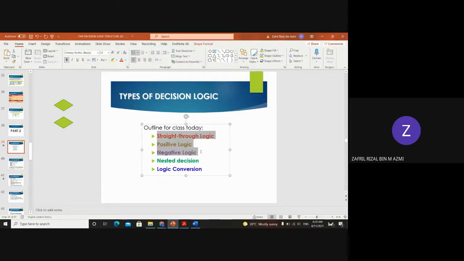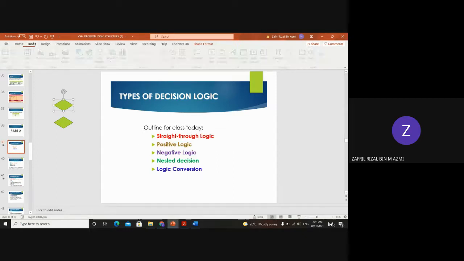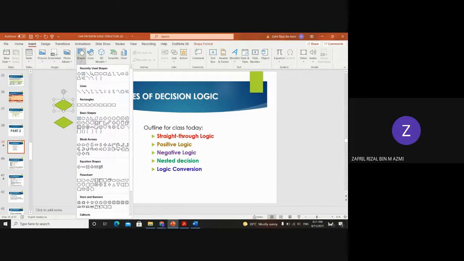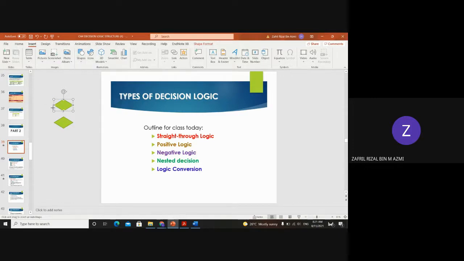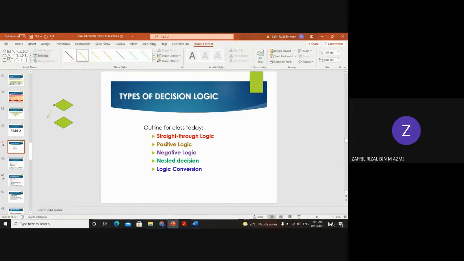Multi-selection within the same set. But we can write it either using straight through logic, positive logic, negative logic. The one that we already covered last week is mainly about the positive logic. When we talk about positive logic, you should be clear that we have true, and then we have false. So where should I put this one?